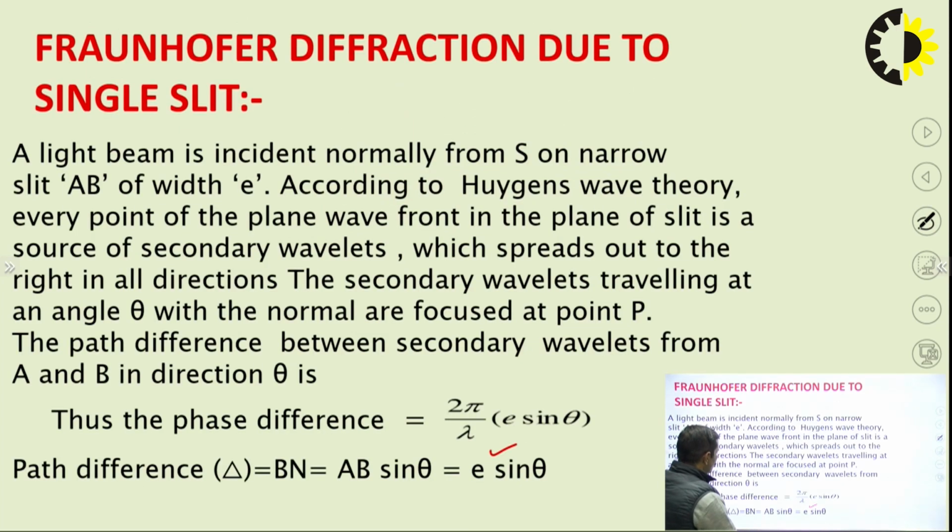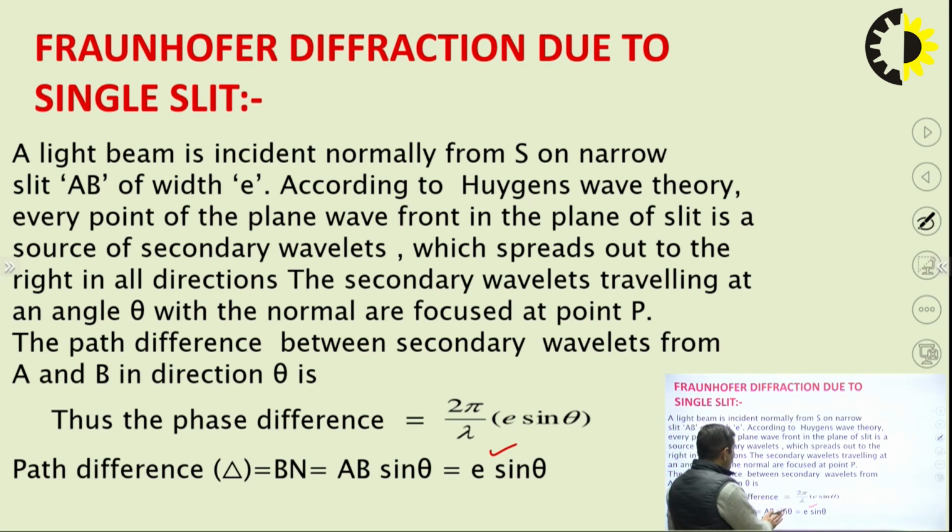If we want to find the phase difference, we know the relation: phase difference equals 2 pi by lambda into path difference. In our case the path difference is e sin theta, so this will be 2 pi by lambda into e sin theta.